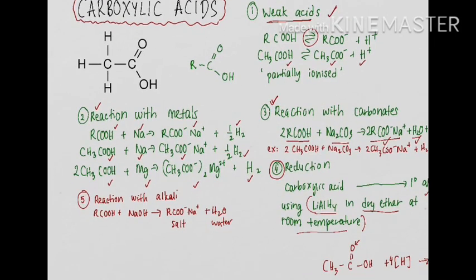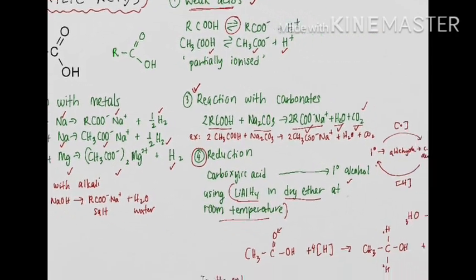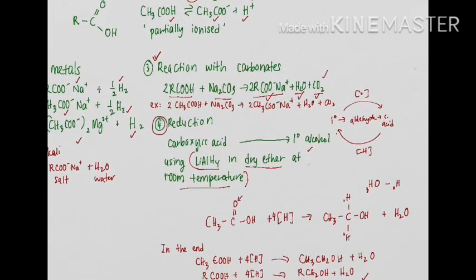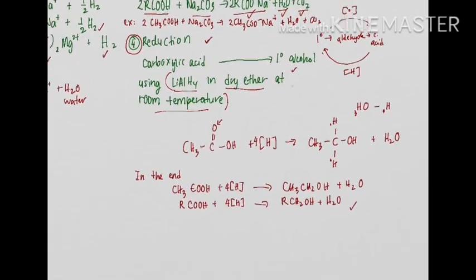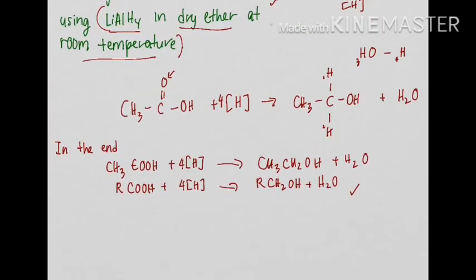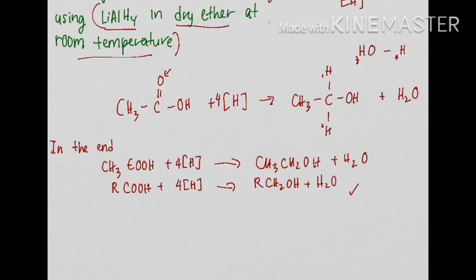You can react with metal, alkali and carbonates, and the last one is reacting with lithium tetrahydroaluminate for reduction to give you the primary alcohol. We have done the equation involving the primary alcohol. Basically, 4 new atoms of hydrogen will be there, so you can just write it down there.